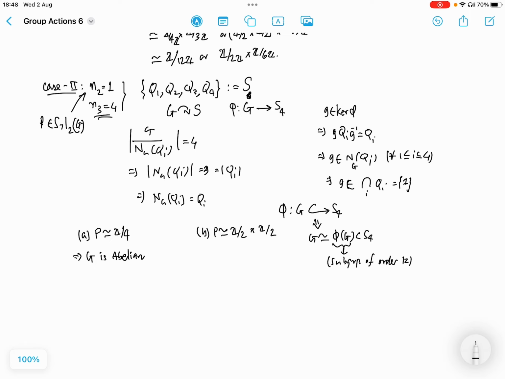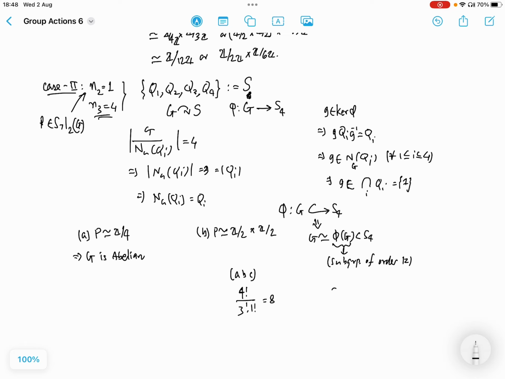Okay. So now, because G has 8 elements of order 3 and inside S4 there are exactly 8 such elements of order 3, because any element of order 3 inside S4 will look like a 3-cycle, that is the only possibility. And there are 8 of those 3-cycles that you can calculate: it is 24 by 3, that is 8.